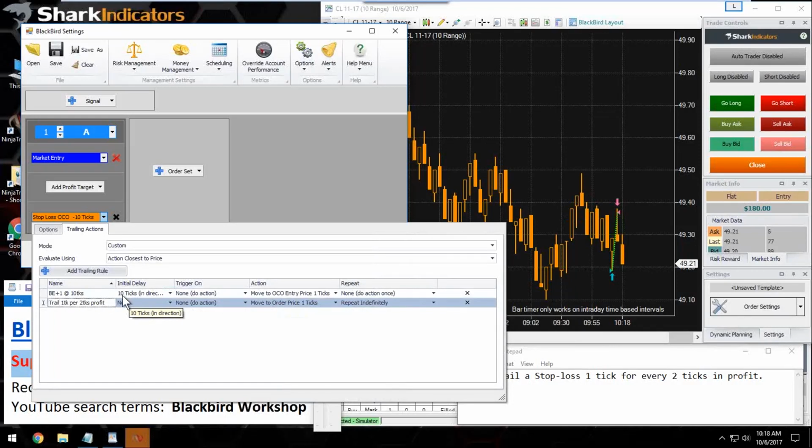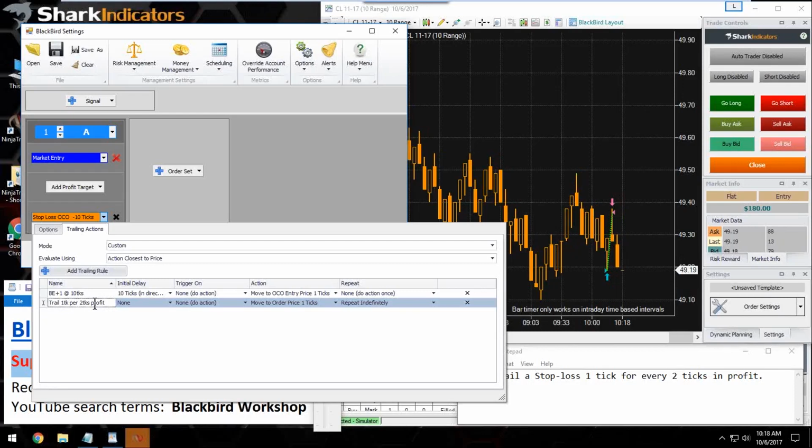And I guess this is an arbitrary decision, a personal decision for the trader: does the trader want the trailing of 1 tick per 2 ticks in profit to start immediately after the break even, or do you want to allow the market to move even further before the trailing kicks in? Those are personal decisions.